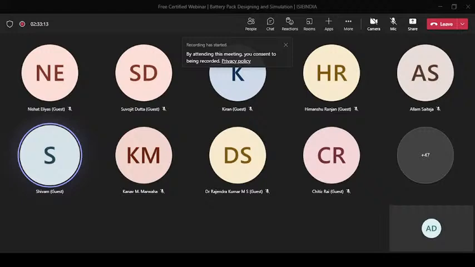There you have to design the battery pack differently. The operating temperature of the cell must be within 20 to 60 degrees Celsius, so you have to design it differently.